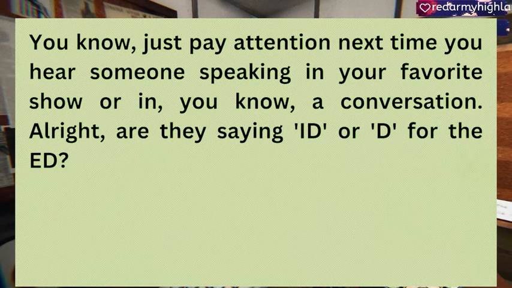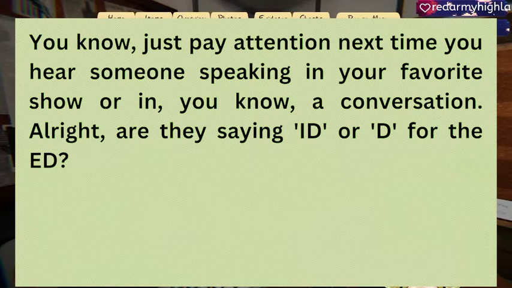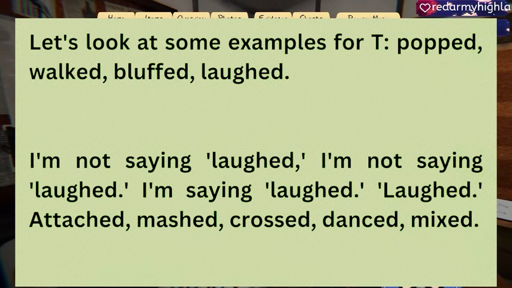All right. Are they saying "id" or "d" for the ed? Let's look at some examples for T. Popped, walked, bluffed, laughed. I'm not saying "laugh-id." I'm not saying "laugh-d." I'm saying laughed. Laughed. Attached, mashed, crossed, danced, mixed.